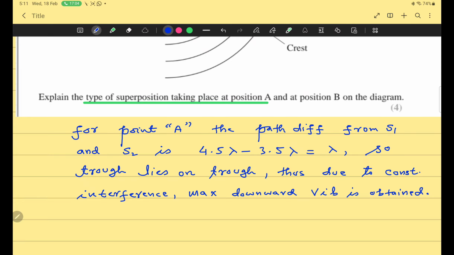If crest lies on crest, then upward vibration is observed. If trough lies on trough, then maximum downward vibration is observed. So I have explained in both ways.